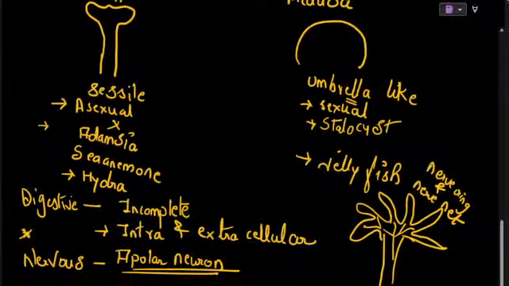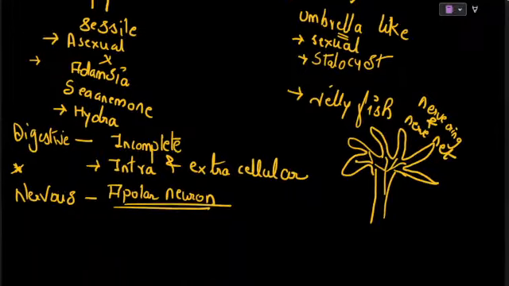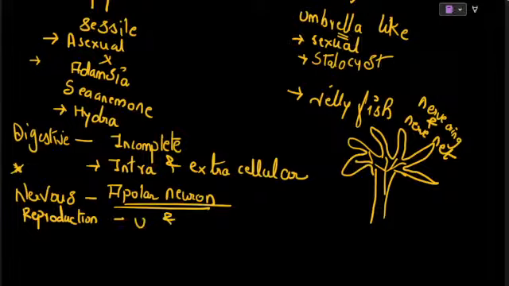Next, reproduction. Both sexual and asexual. So they are unisexual and bisexual, correct? That's why both types of reproduction, sexual reproduction and asexual reproduction.